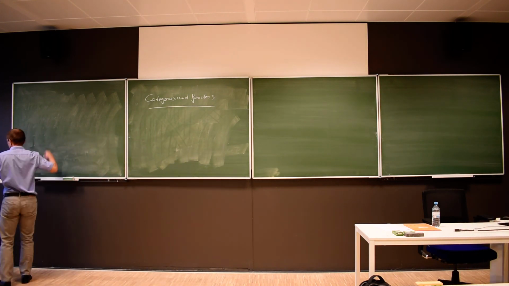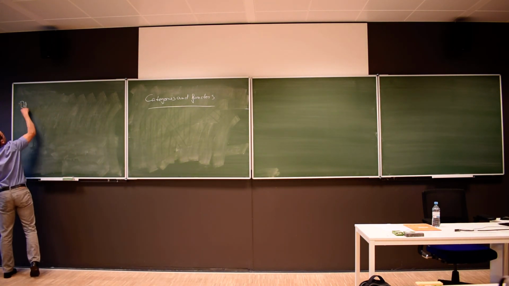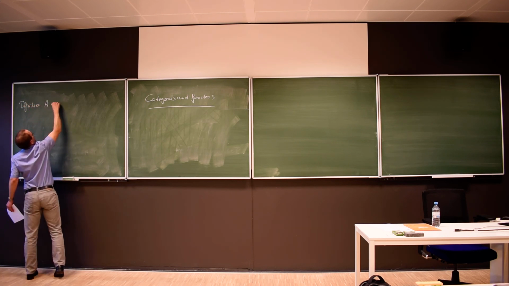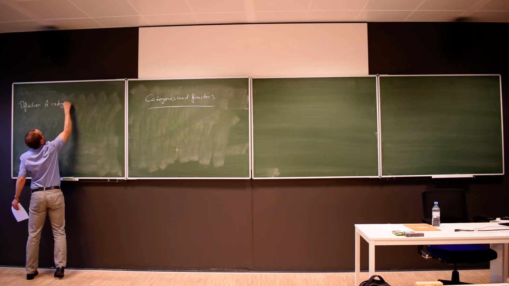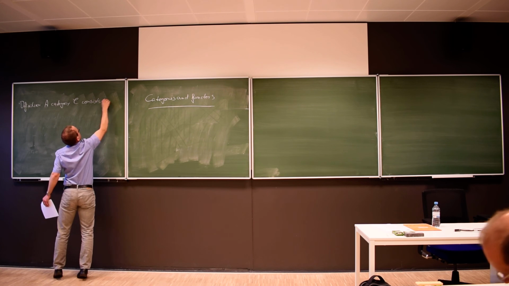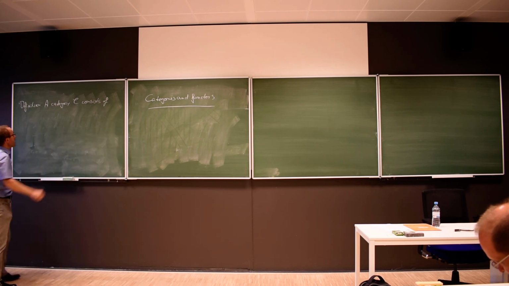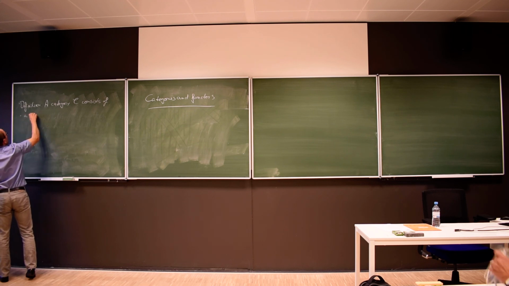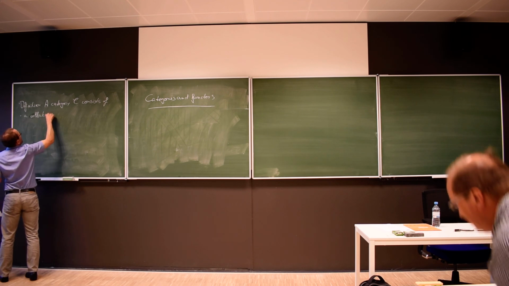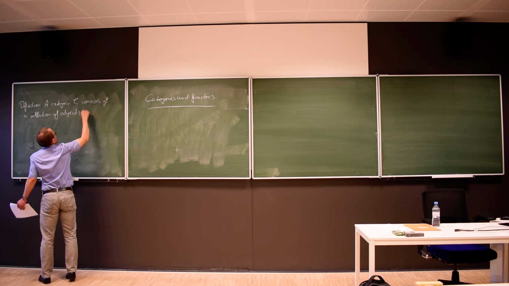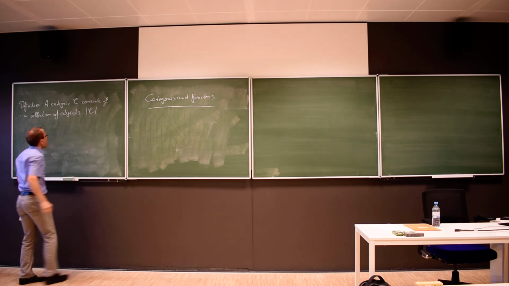So here's the definition. A category C consists of the following data. It consists of a collection of objects, which is denoted by C bar.